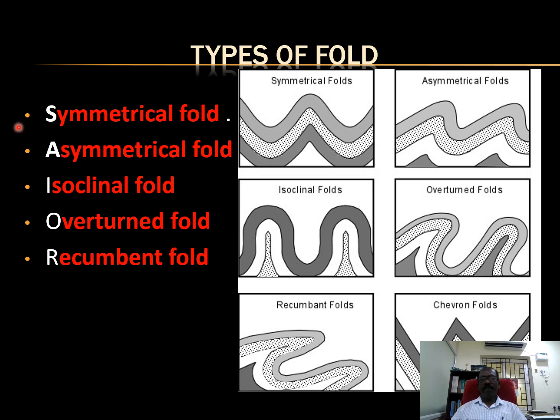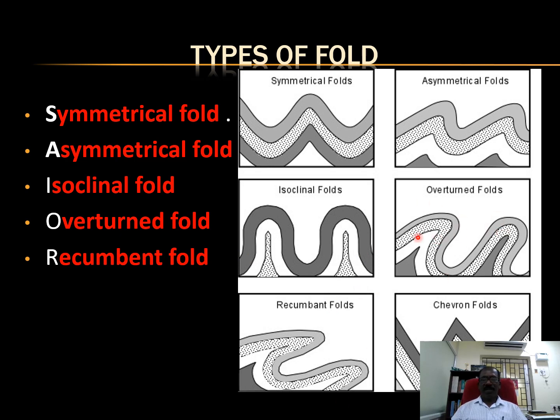The isoclinal fold, see how it looks like. The limbs are essentially parallel to each other and thus approximately parallel to the axial plane. That's what an isoclinal fold is.